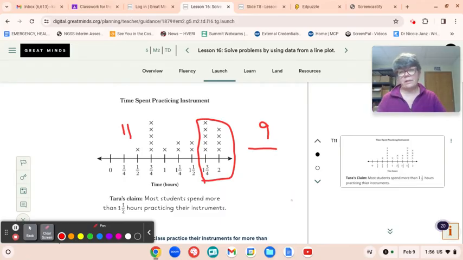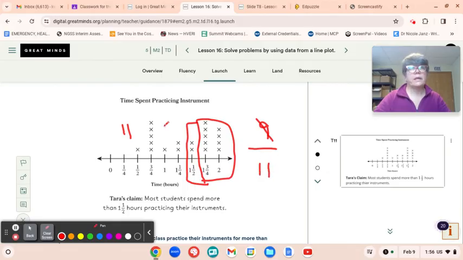Now, do you see that maybe Tara made a little mistake in her work there? Maybe she was thinking about 1.5 hours or more. If we changed it to say students spend 1.5 or more hours practicing, then that would make that 9, 10, 11.